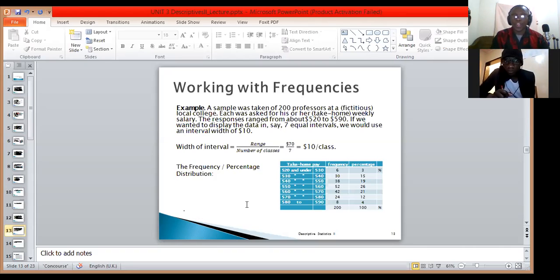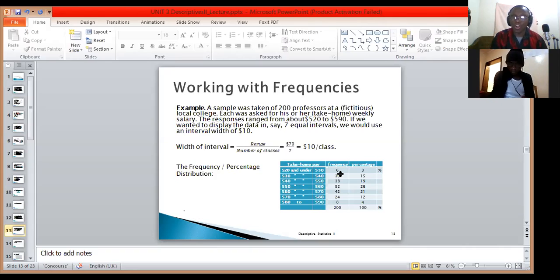Okay, so once we find these intervals and we have formulated the classes, all we need to do is we are given the frequency. A class of 520 to 530 had a frequency of 6.